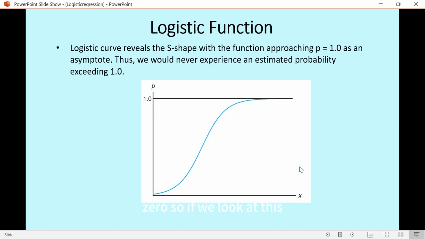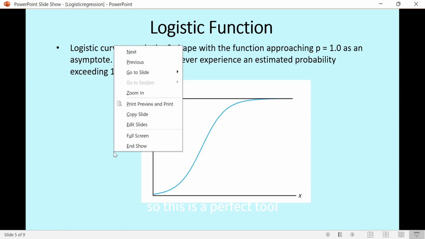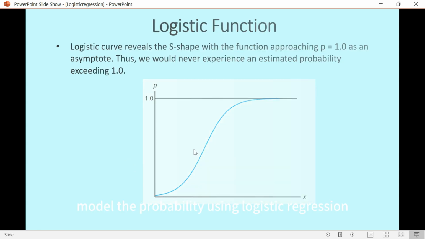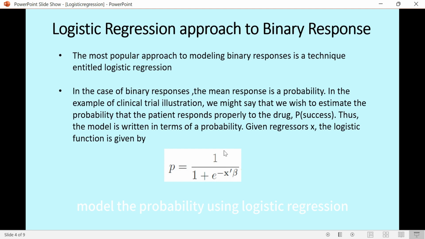If we look at this figure, this is called the logistic or S shape curve. When x is very big, the probability is close to 1, and in the opposite case, the probability is close to 0. So this is perfect for modeling probability using logistic regression.